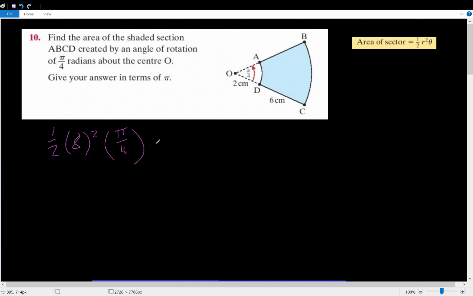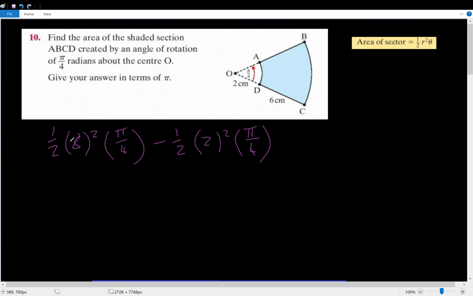And then we're going to take away from that the area of the small sector, which has a radius of 2. And so it's going to be 1/2 by 2 squared times pi over 4, because the pi over 4 doesn't change.